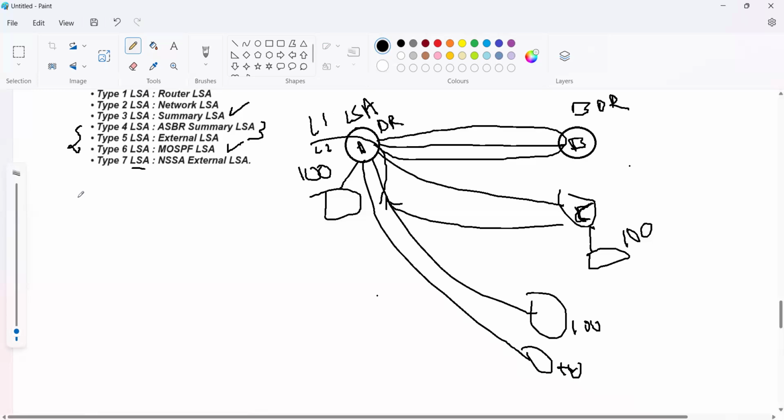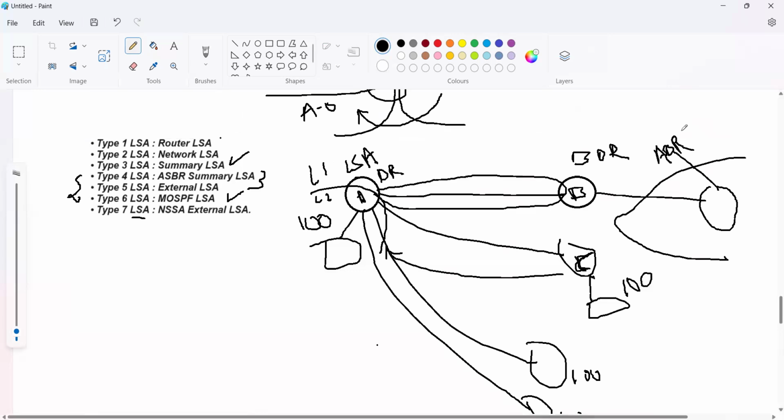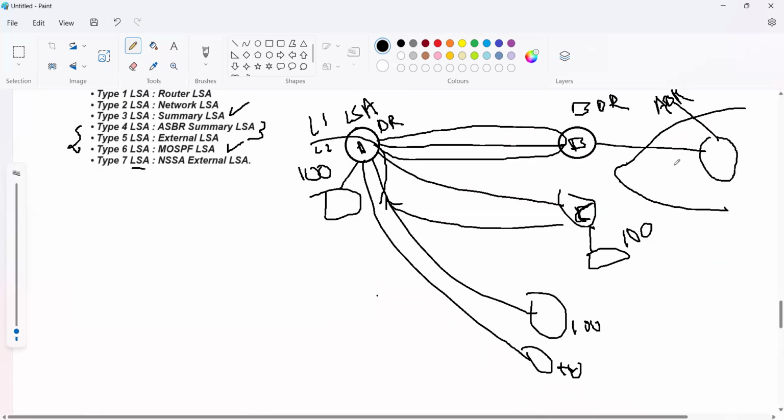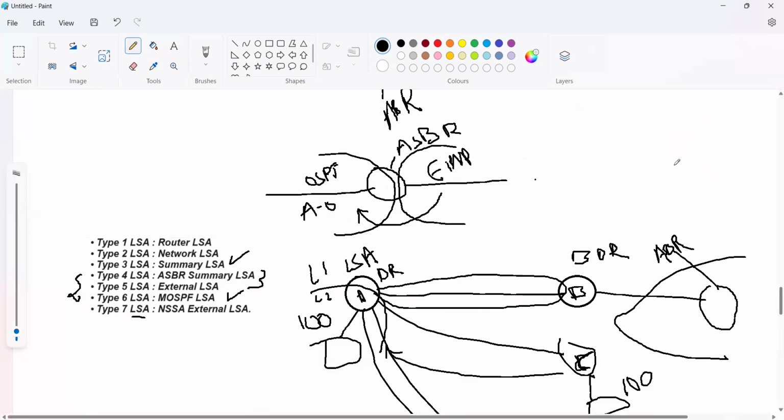And if we configure a different area, then the ABR router originates LSA 3 summary LSAs. LSA 4 and 5 are redistributed prefixes, which means thousands of prefixes can come through this router.